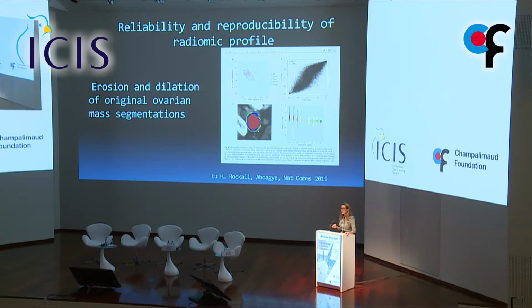This is just to show you some work we did on looking at the safety and repeatability and reproducibility of segmentations that we used in our radiomics paper we just published recently. And what we did was we did an erosion and a dilation task of the original ovarian mass segmentations, and then we looked at how the erosion or dilation affected the radiomic prognostic vector that we were measuring.